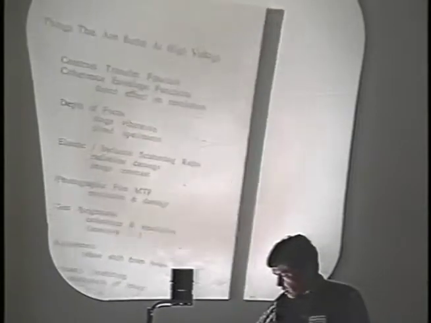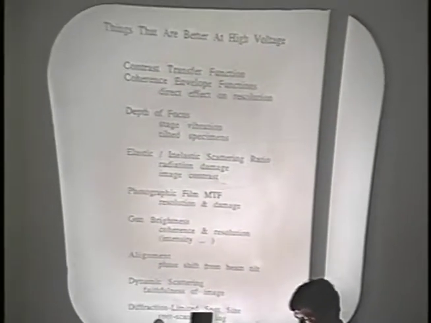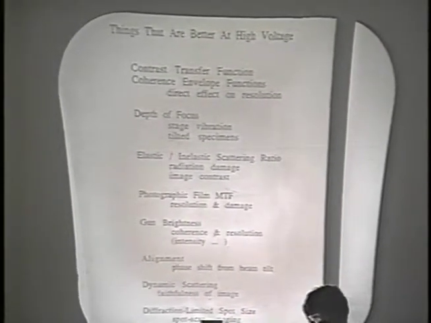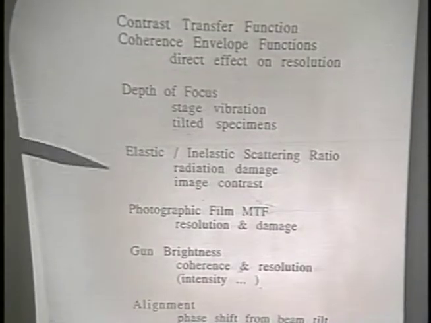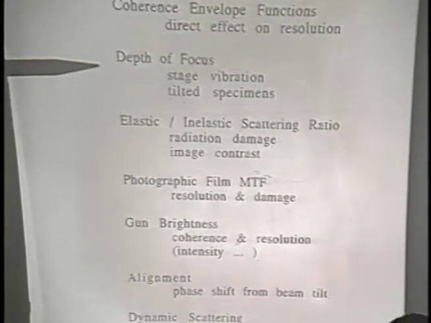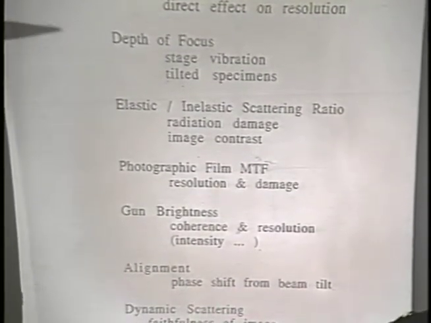But in fact, that's not nearly the only thing. Both of those have other implications, and one of the more significant ones has to do with the depth of focus.